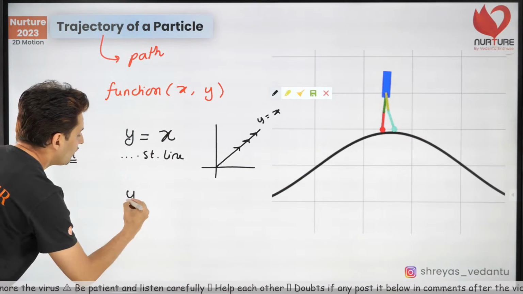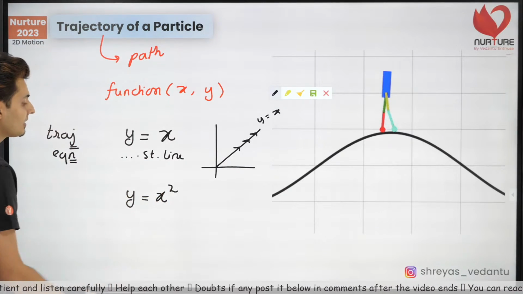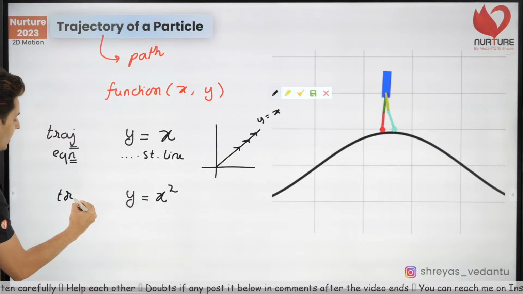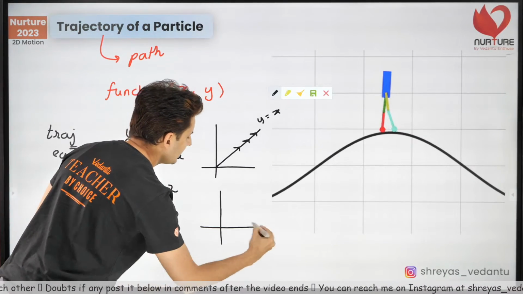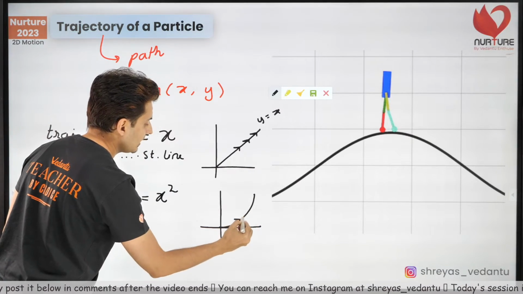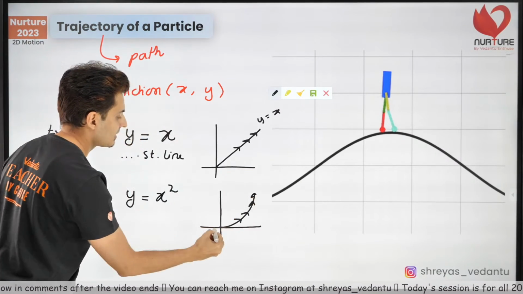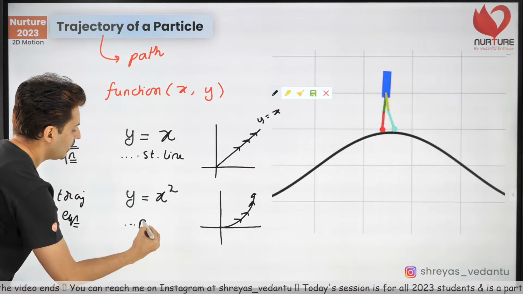Similarly, if I tell you y is equal to x square is my trajectory equation, what it means is that if this is y, this is x, the path will look like this. So my particle is moving in this path, it's going along this curve. So it is nothing but a parabola.